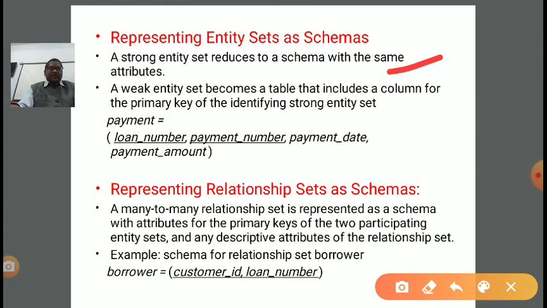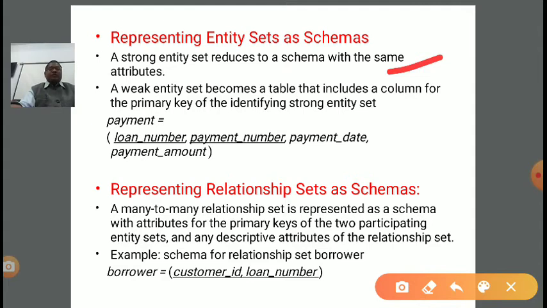Next is representing a relationship set as a schema. If we want to represent a relationship in the relational schema, how do we do that? A many to many relationship set is represented as a schema with attributes for the primary keys of the two participating entities, and any descriptive attributes of the relationship set. Suppose a relationship here is borrower.